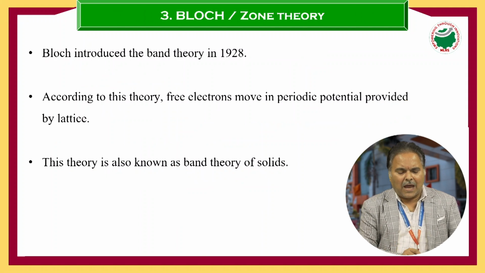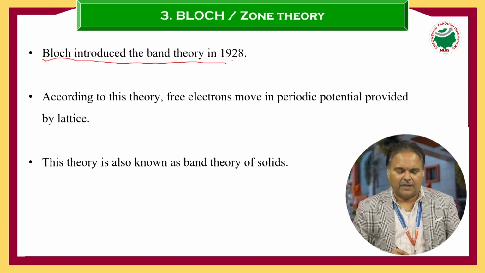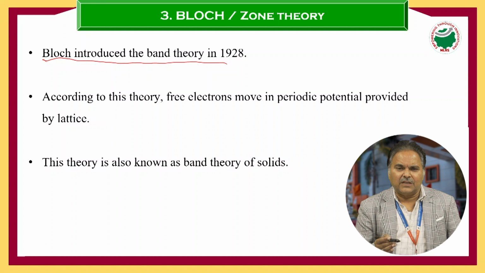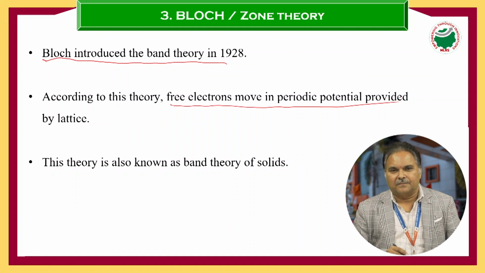Then the third theory, by the scientist Bloch, so it is called the Bloch theory. He developed it around 1928. What is the difference from the earlier theories? Here, the free electrons move in a periodic potential.